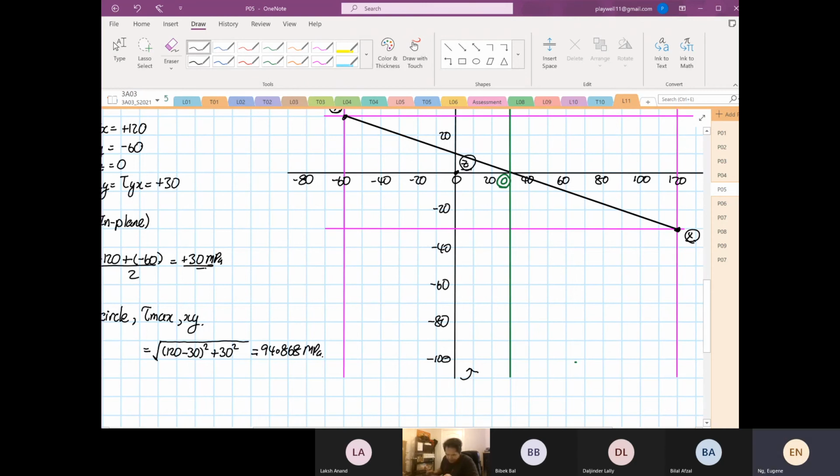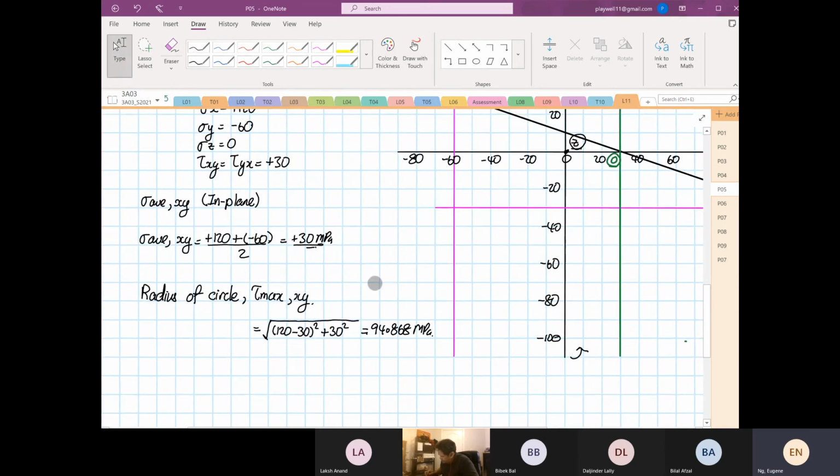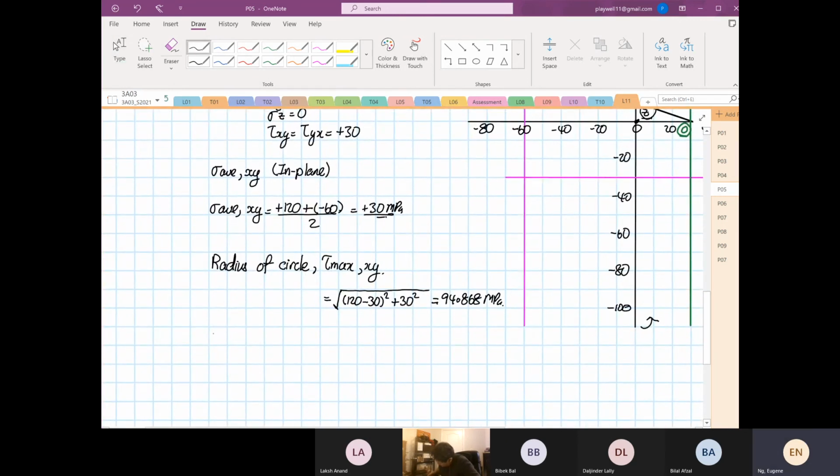Okay. So from here, you can calculate your principal stresses. I'm going to call it stress A and B. In 3D Mohr circle, you use A and B. You don't use 1 and 2. I'm just following the textbook. There's no reason. So it's 30 plus or minus 94.868.